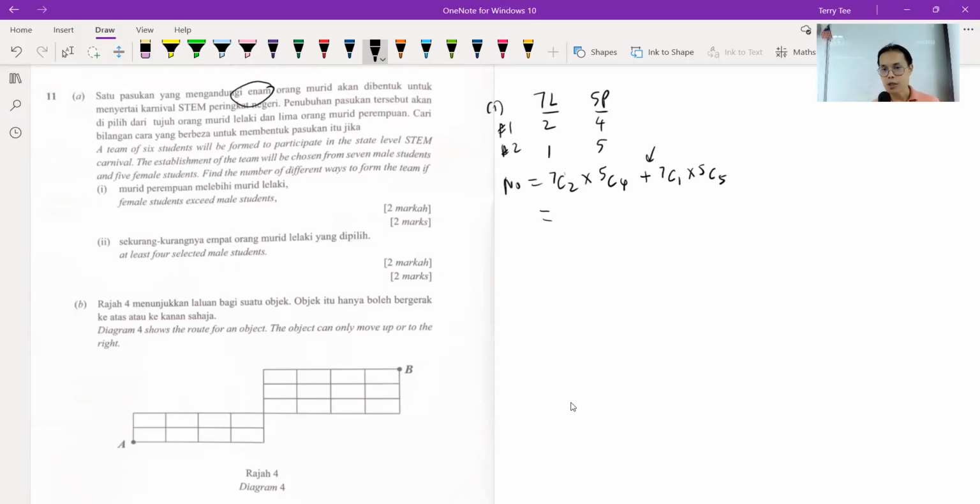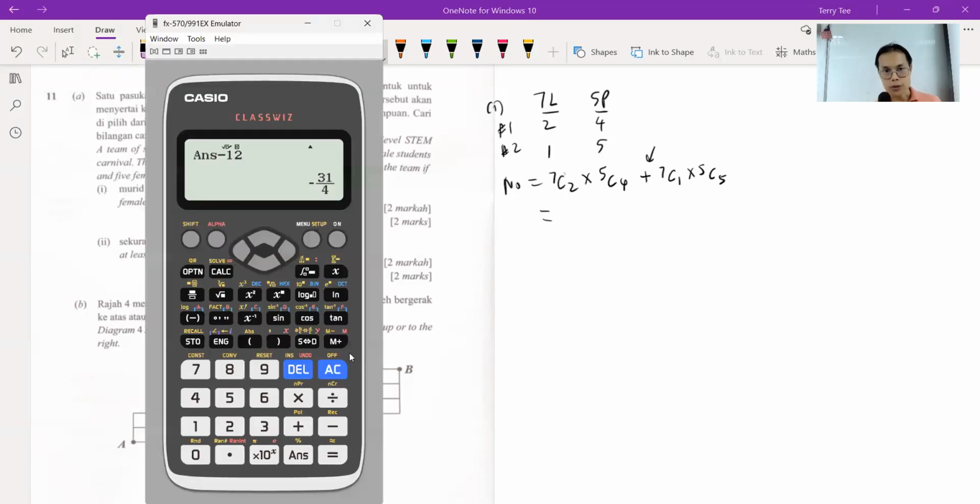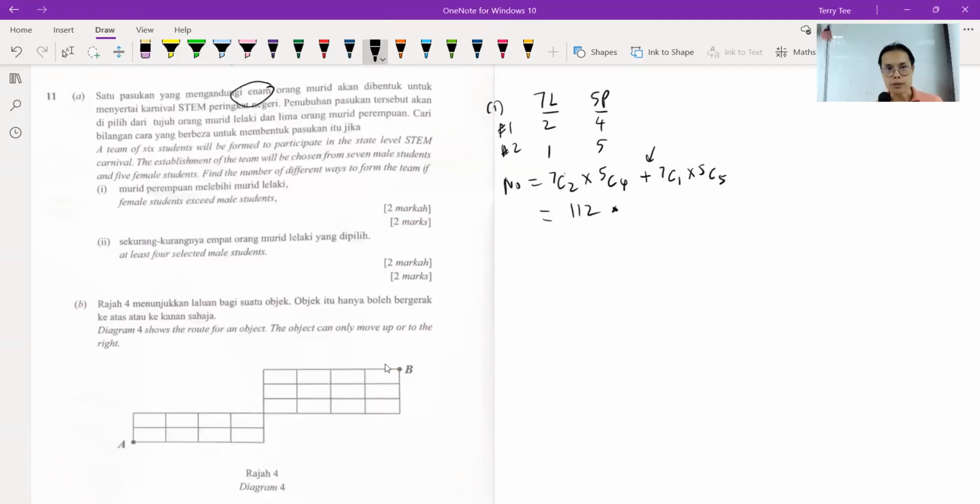So in these two cases, we have more girls than boys. Okay, 7 choose 2 times 5 choose 4. Then 7 choose 1 times 5 choose 5. Okay, so this will give us 112. Okay, so this is the first part.